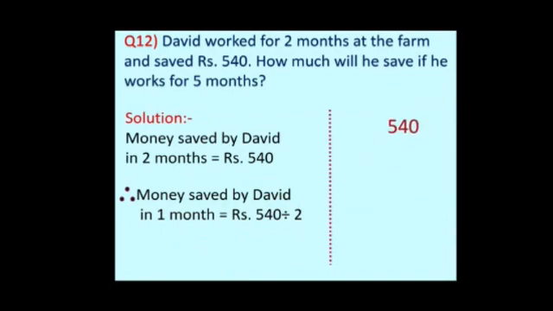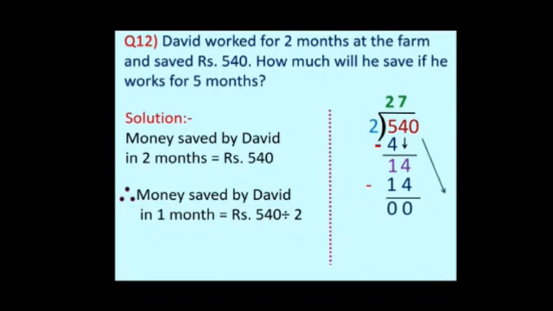So let's divide here. 540 divided by 2, right? So here 2 2s are 4. 5 minus 4 will be 1. Now we will bring down 4 here. Then 2 sevens are 14. So 14 minus 14 will be 0.